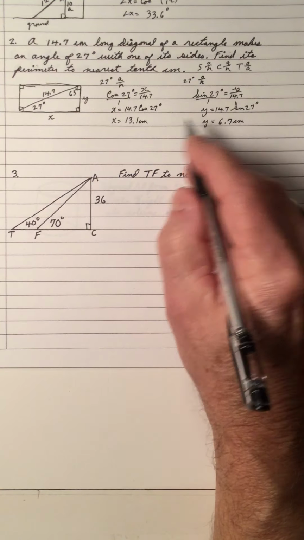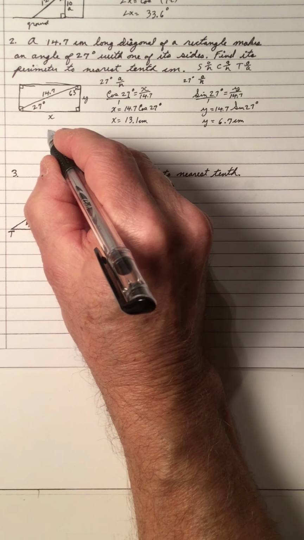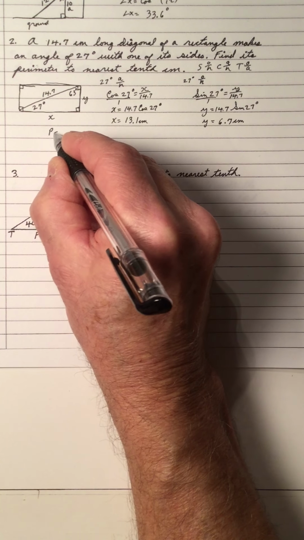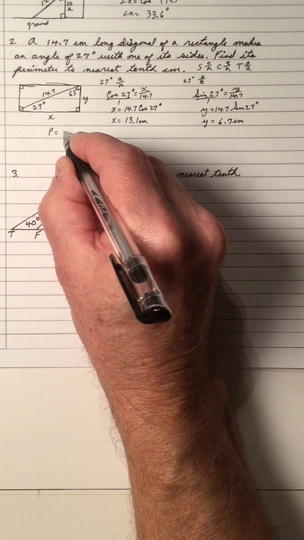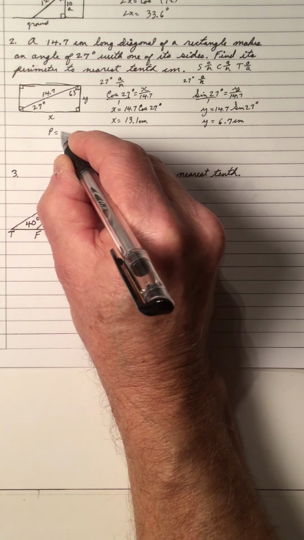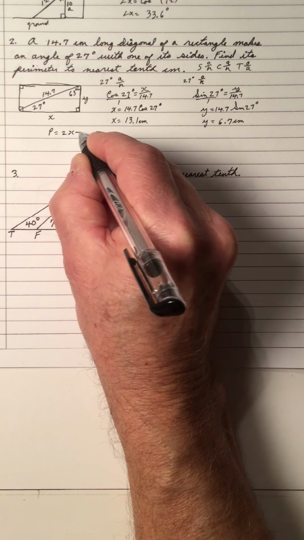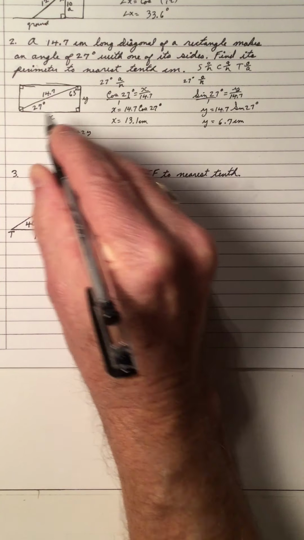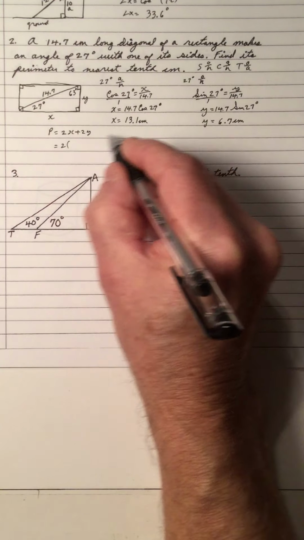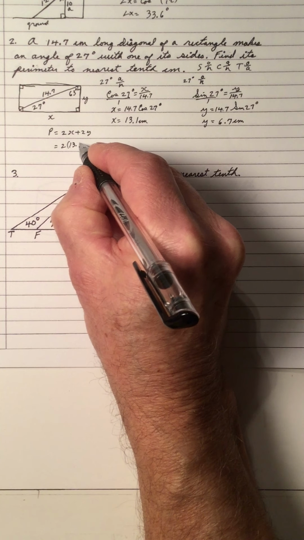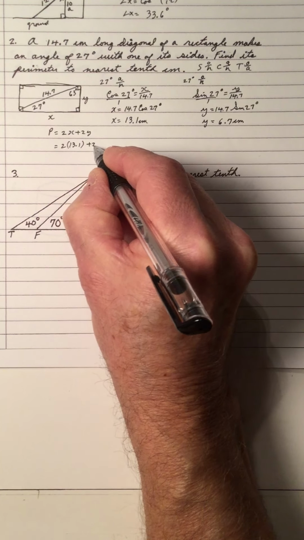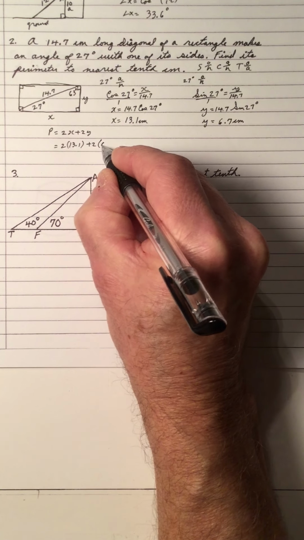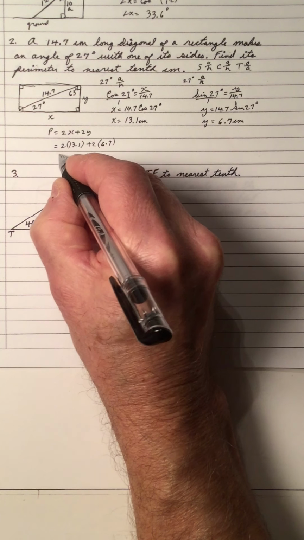So I want the perimeter. I know that the perimeter of a rectangle is twice the length plus twice the width. So that means I can go 2x plus 2y, because of the length and the width. So x is 13.2, the width is 6.7.